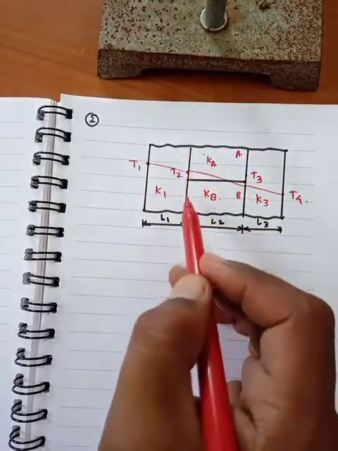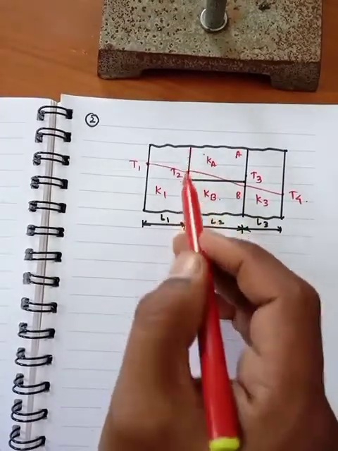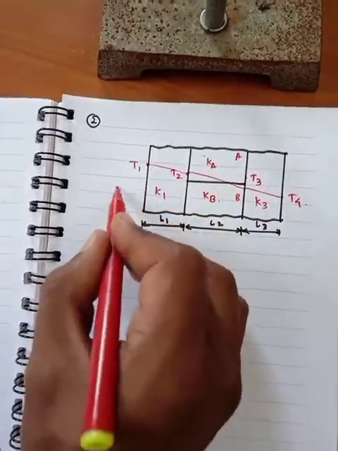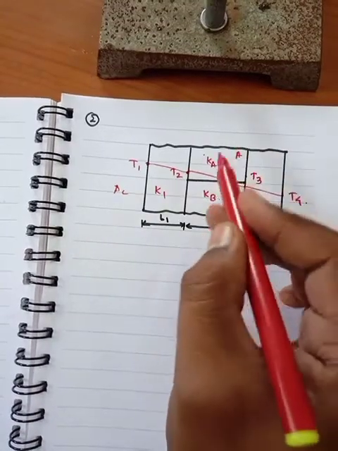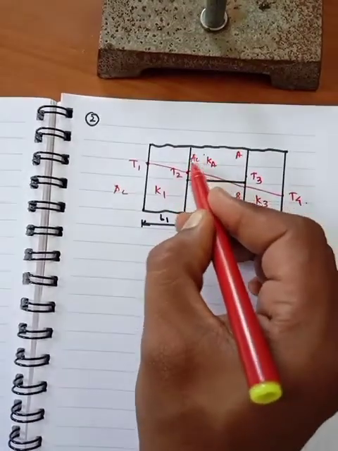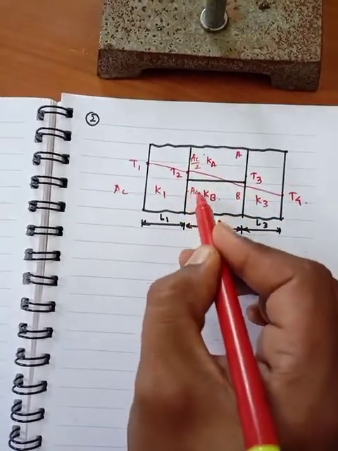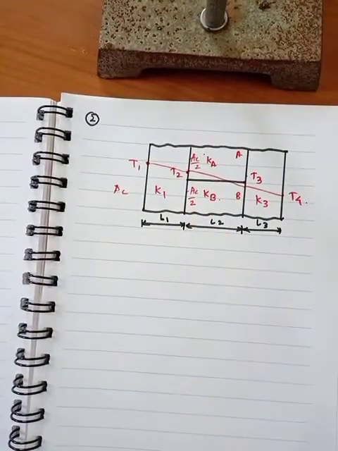We'll consider that these two materials divide the total cross sectional area into two parts, so this is AC divided by 2 and this is again AC divided by 2. Now we will draw a thermal network for this concept.